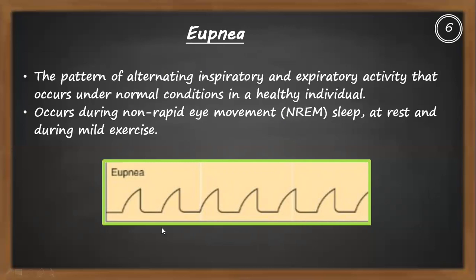So we can classify this into two phases: one is inspiratory and the other expiratory. The part that you can see here between these two red lines is the phase where there is excessive action potential firing, which is known as the inspiratory phase, whereas the phase where there is almost no action potential firing is known as the expiratory phase. So that is what we can see from a graph of eupnea.